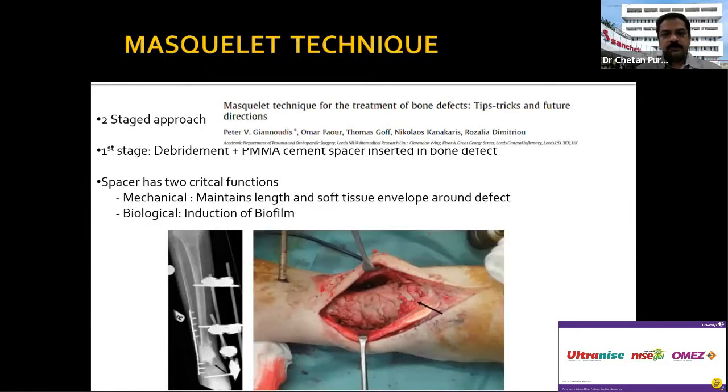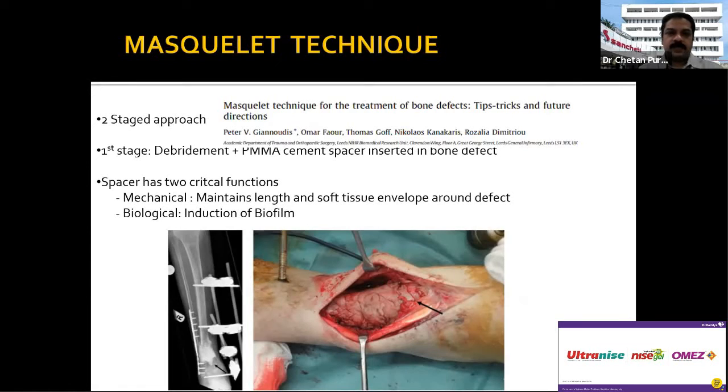So as we discussed, the Masquelet technique is advocated for infected non-unions. It's a two-stage approach in which stage one is a radical debridement and an antibiotic cement spacer inserted in the bone defect, and the spacer functions dually.